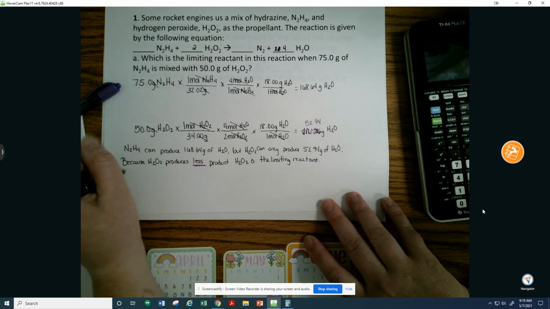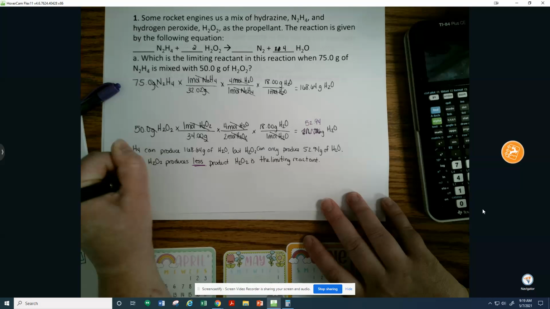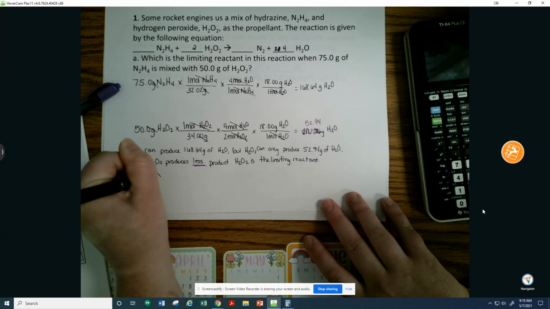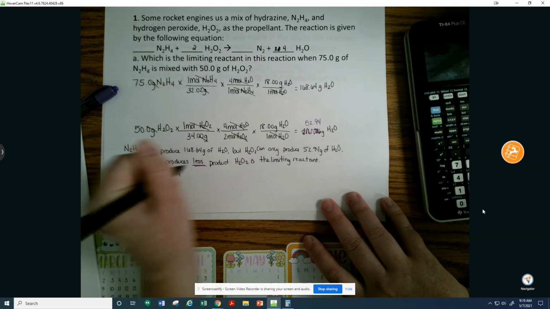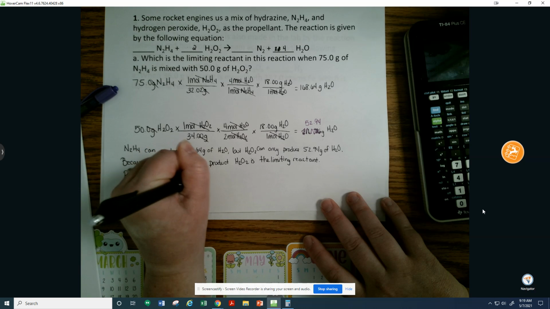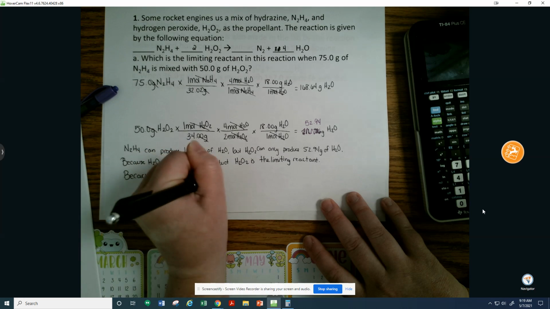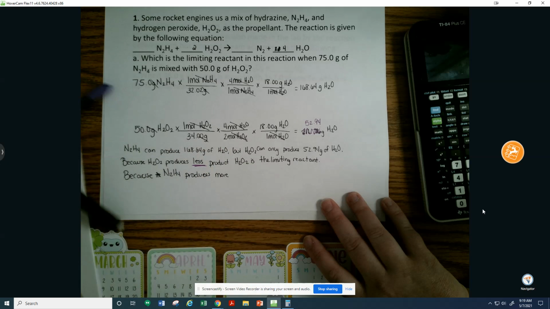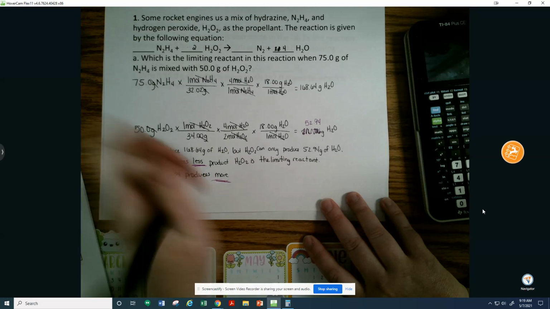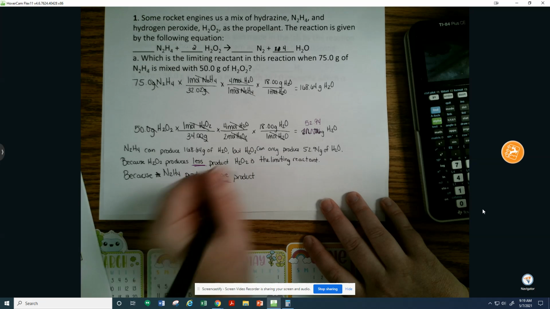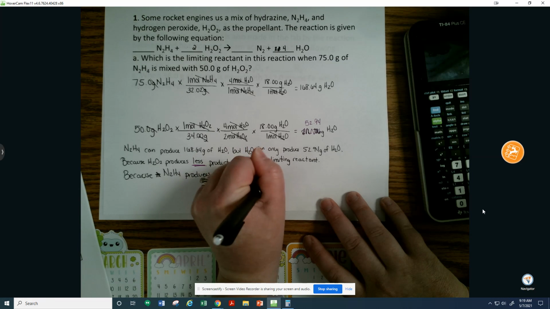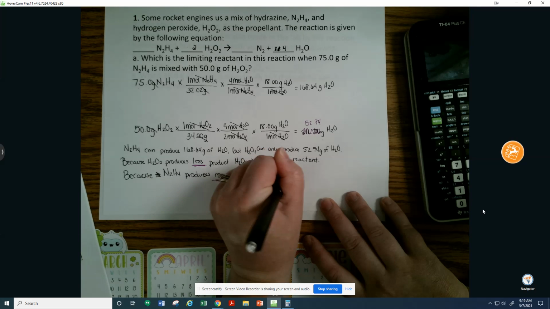So that makes the hydrazine our excess reactant. Because N2H4 produces more product, N2H4 is the excess reactant.